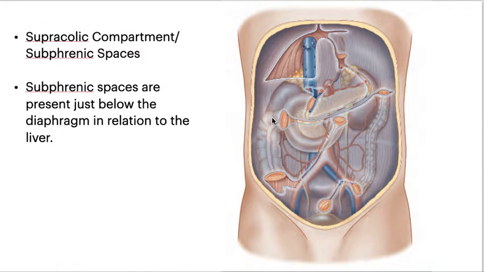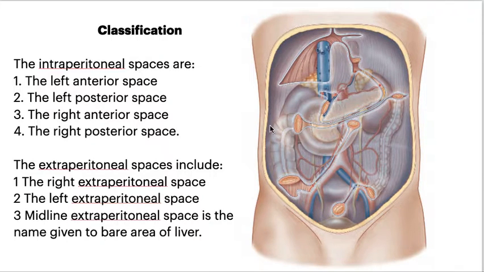Coming to the supracolic compartment or the subphrenic spaces. The subphrenic spaces, as the name suggests, lie just below the diaphragm in relation to the liver. So if you want to classify the supracolic compartment, it has intraperitoneal spaces and extraperitoneal spaces.